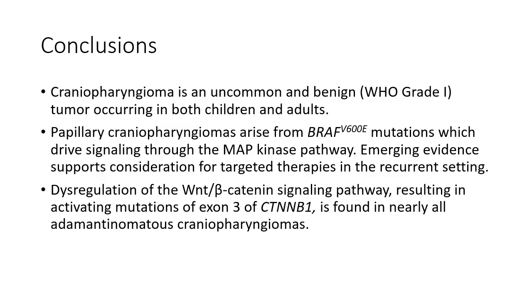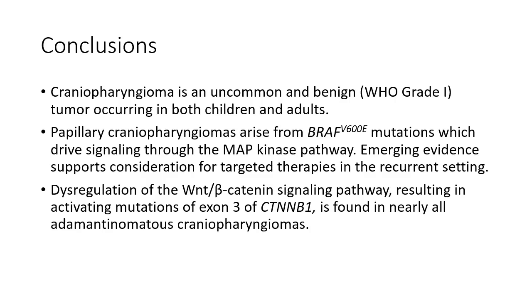In summary, craniopharyngioma is an uncommon and benign tumor occurring in both adults and children. Papillary craniopharyngiomas arise from the BRAF V600E mutation, which drives signaling through the MAP kinase pathway. Emerging evidence supports consideration for BRAF inhibition in the recurrent setting.